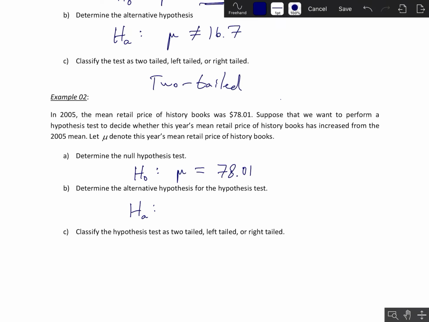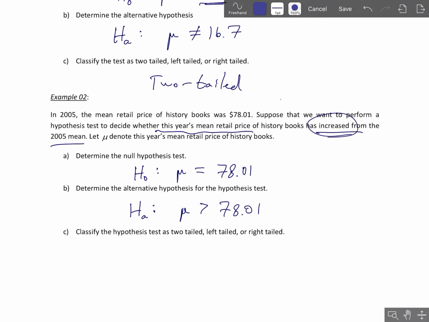But our alternative hypothesis, which is what we're trying to investigate, is whether this year's mean has increased from the 2005 mean. So what that would mean is that we want to know whether the mean for this year is greater than the 2005 mean, like that.